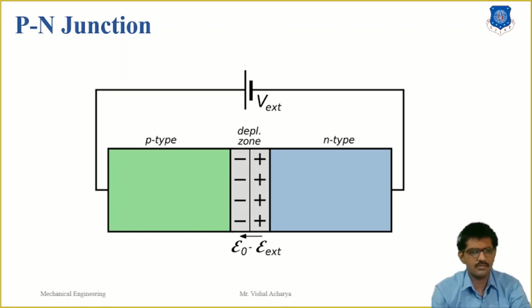As a result of the diffusion of these charge carriers and the exposing of these ions, an electrical field is created at the junction. Since an electrical field exists at this point, a voltage exists as a result of this field.